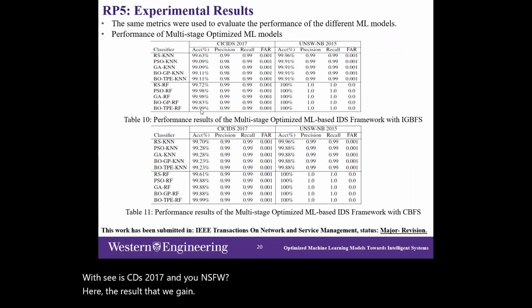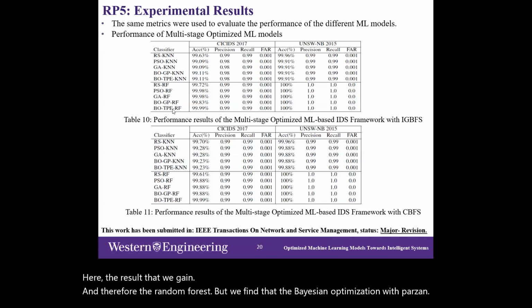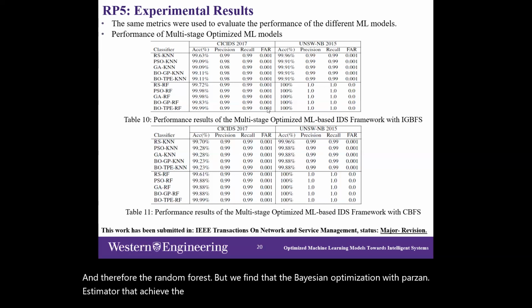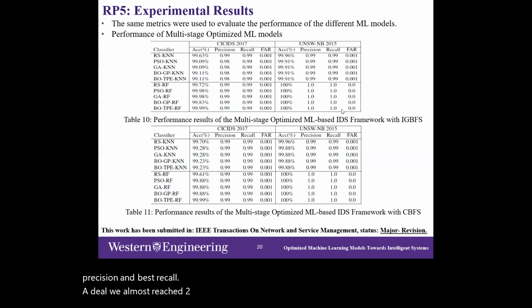But we find that the Bayesian optimization with Parzen estimator achieved the highest accuracy with the lowest false alarm rate, with the best precision and best recall. And here we almost reached 100%. So this is the performance result of the multi-stage optimized IDS framework.